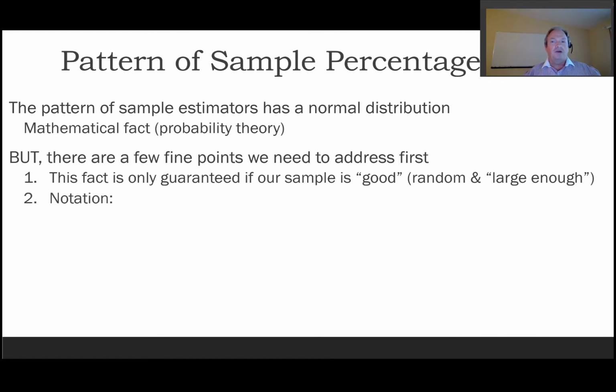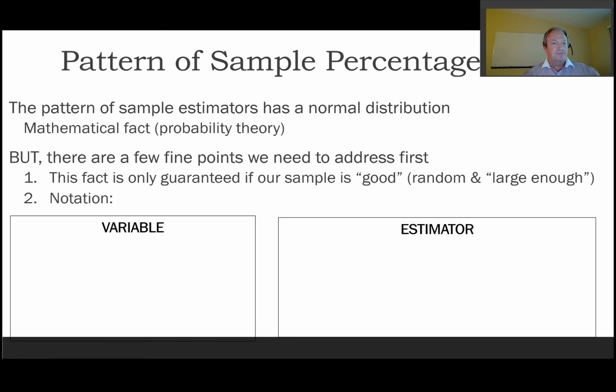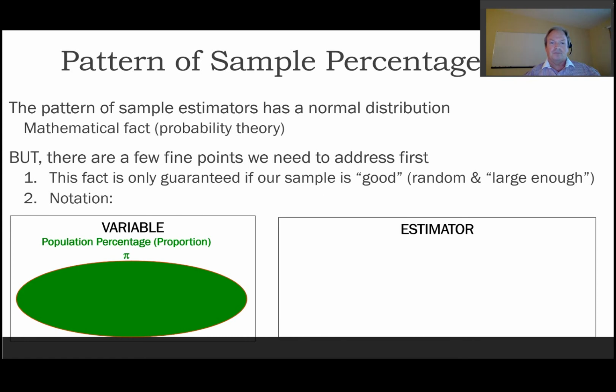A little bit of notation, and this is important. The thing you want to realize is that the variable and the estimator are different things here. Our variable is a categorical variable, and its population parameter is the population percentage pi.